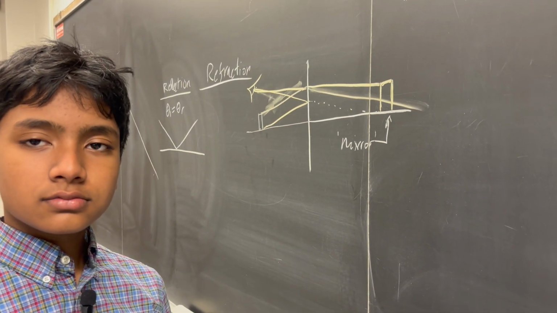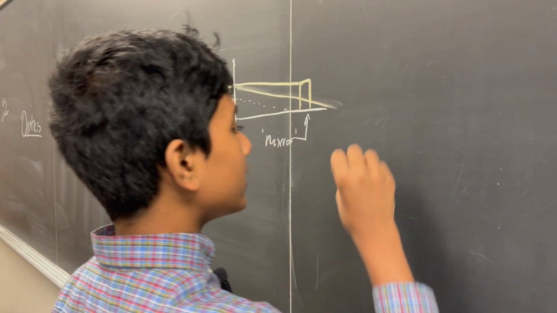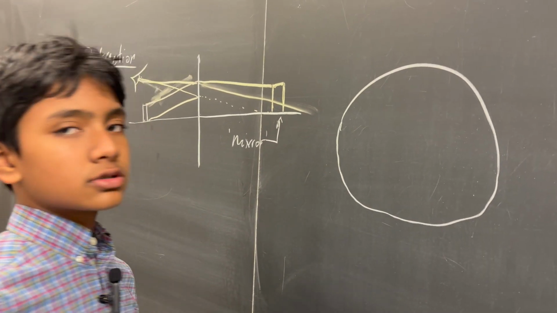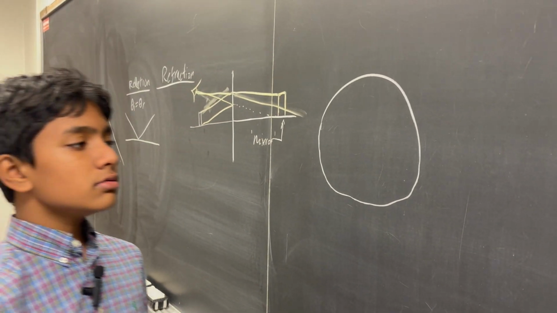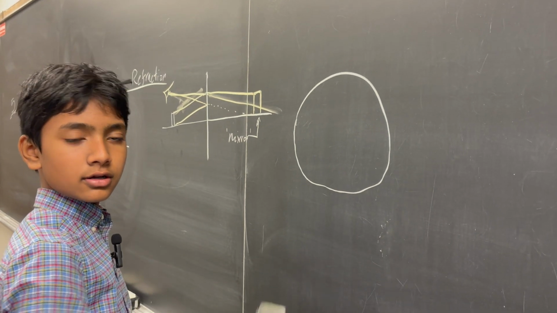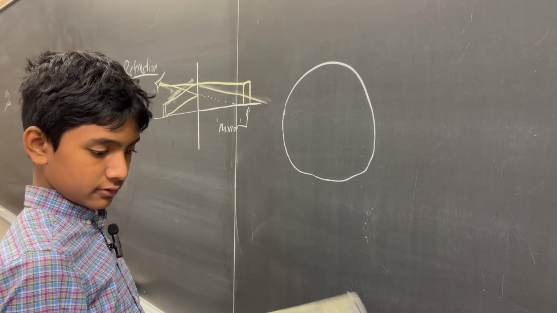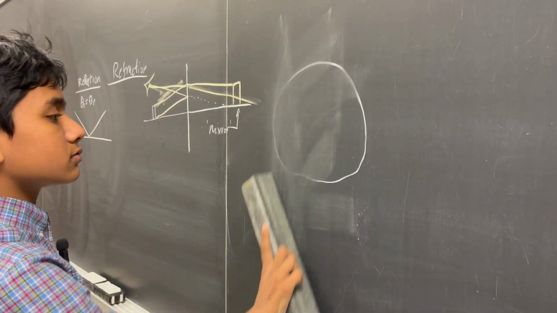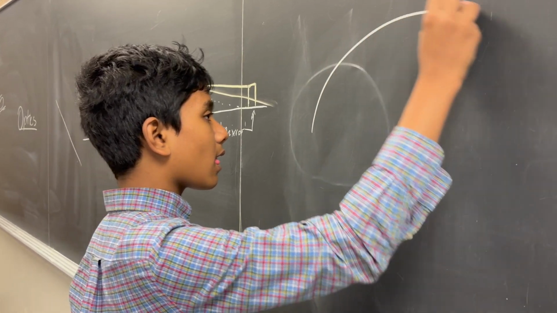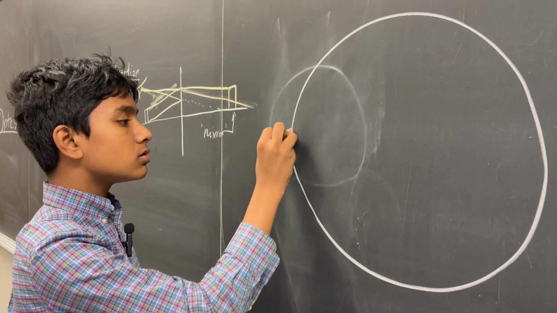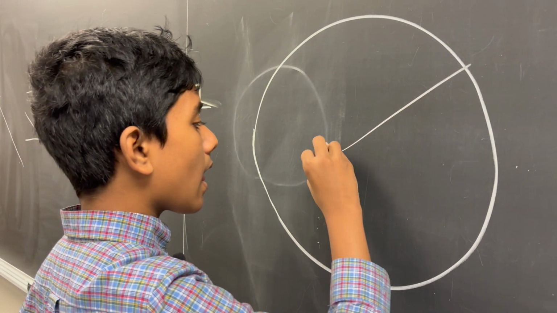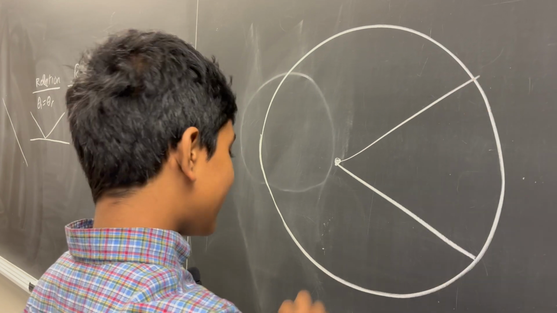This effect can also be created with spherical mirrors, which appear as circular mirrors on a 2D space. So essentially, all we've got to do is take a circle, take a little slice of our circle, and that is our mirror.